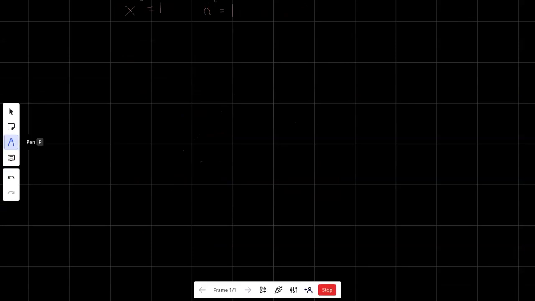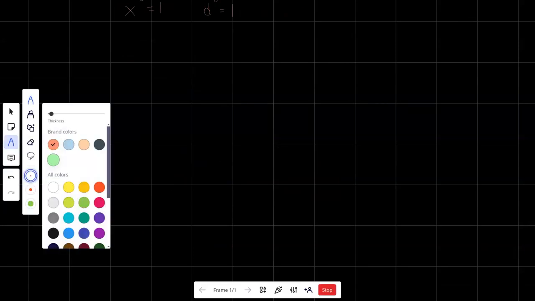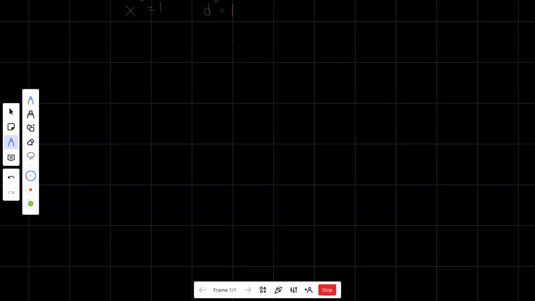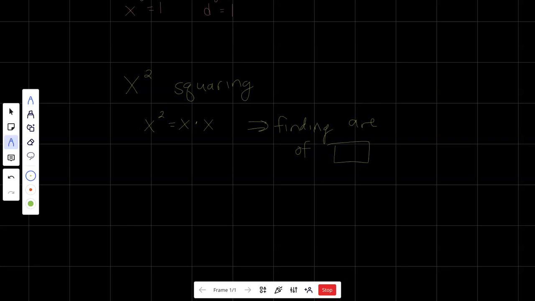But you might be familiar with exponential form because you've done things or talked about things like x squared. This is squaring. And when we're squaring, we're really doing x times x. We use this for finding the area of a square or rectangle. And you might even be familiar with cubing.